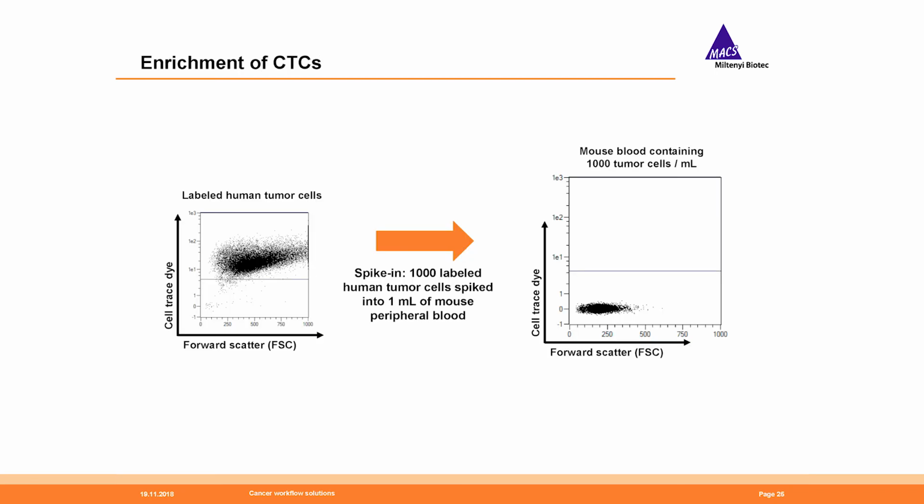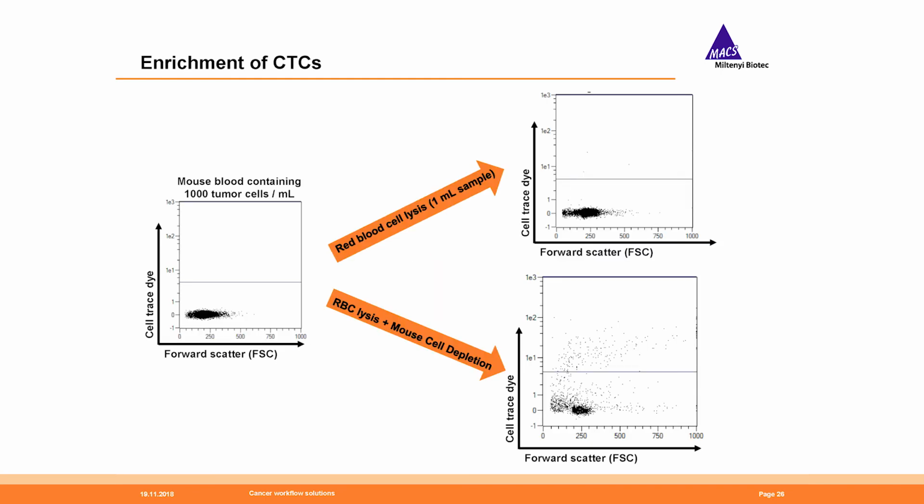What we also tested was spiking 1,000 labeled cells into 1 ml of blood, so mouse blood. And when you look at this in the flow cytometer, you see nothing, because 1,000 cells is just too little to identify in 1 ml of blood. So we do a red blood cell lysis, and you start seeing these 3 dots here.